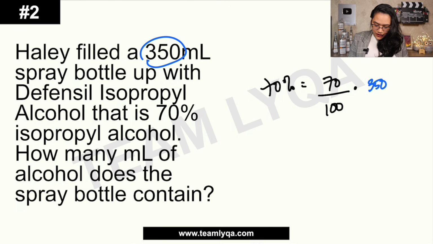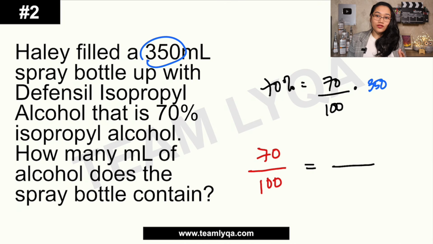Yung 70 over 100, 70 ml na alcohol over 100 ml na Defensil, equal siya sa, hindi natin alam kung ano yung number na nasa taas, so siya yung magiging X. Okay? Pero yung nasa ilalim, which is yung total nung spray bottle, is alam natin, 350 ml.